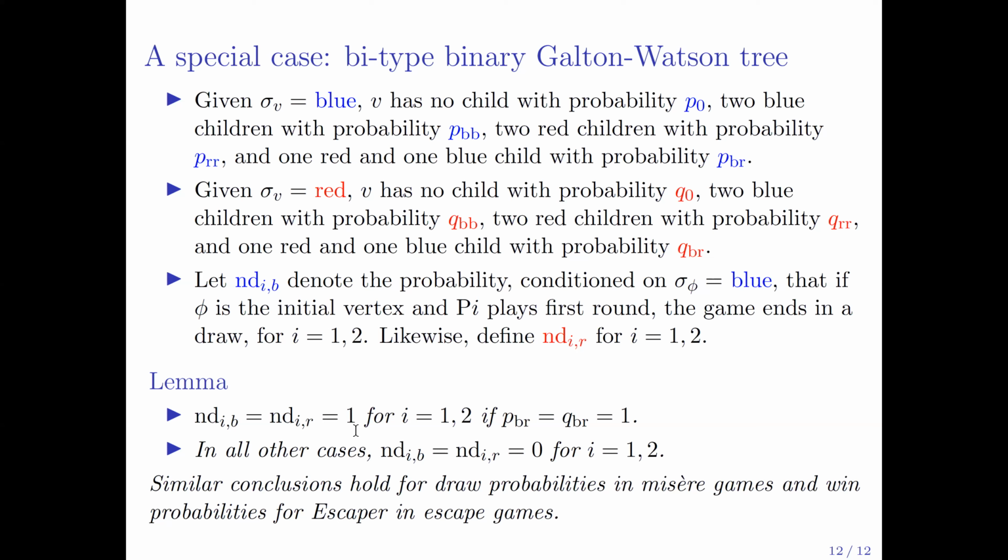So the game never comes to an end. In all other cases, when P sub BR and Q sub BR are not both equal to 1, you find that the draw probabilities are actually 0. So the games are almost surely going to end in finite time.